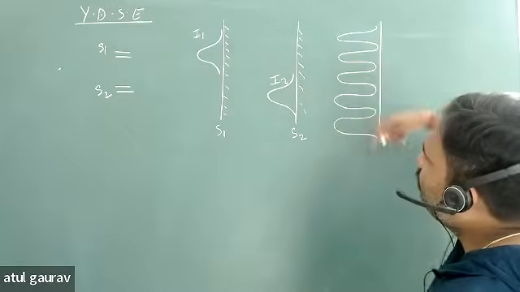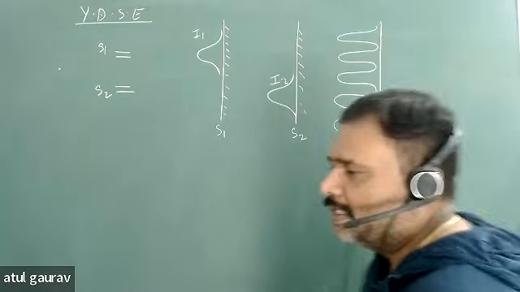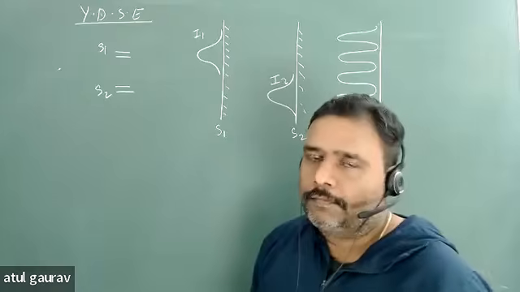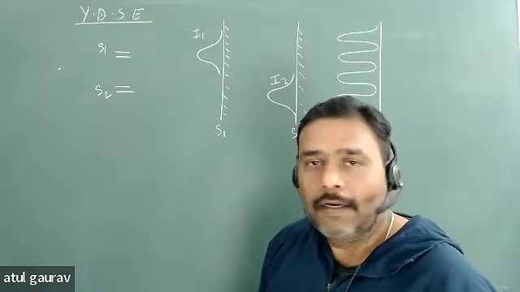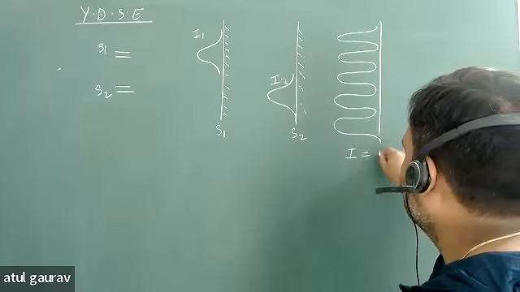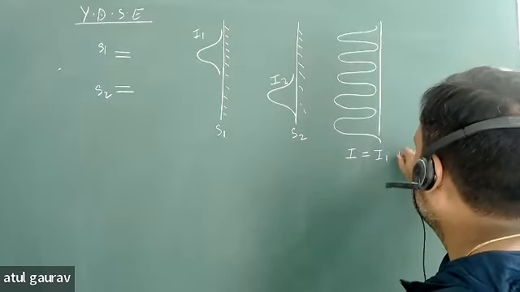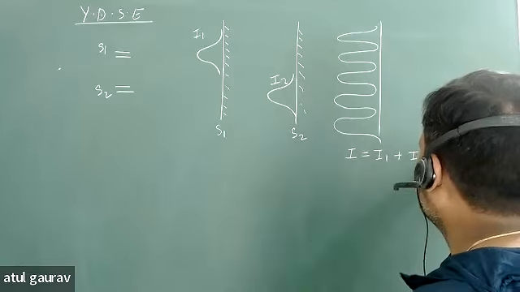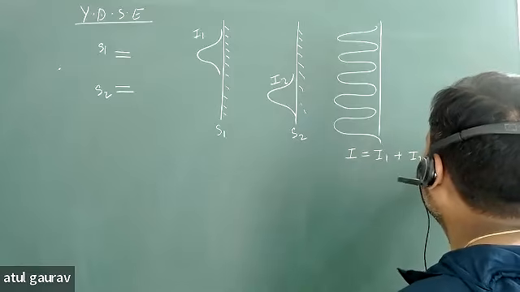But what will be this intensity? Is it I1 plus I2? No. This is basically I equal to I1 plus I2 plus what will be this one?